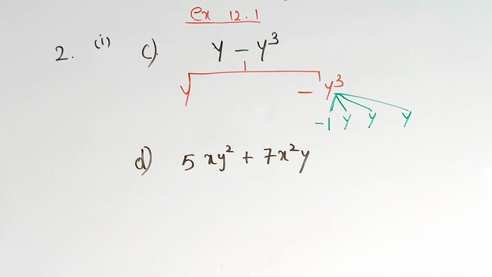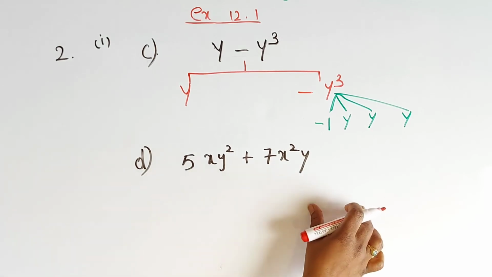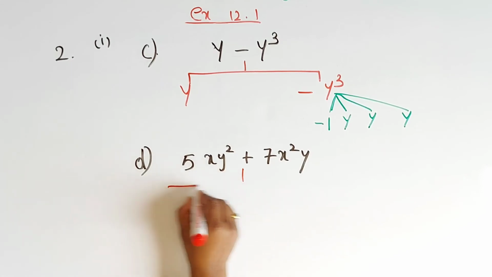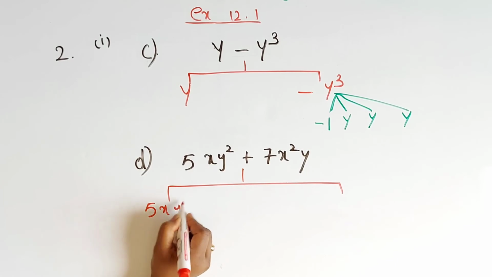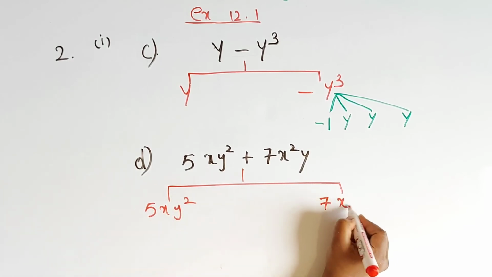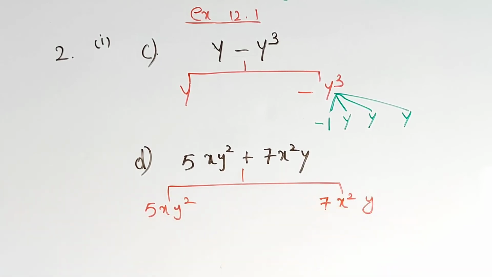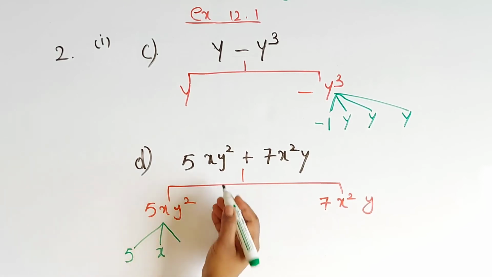Correct? Now question D, 5xy square plus 7x square y. Here we have 2 terms, so separate into 2 parts. 5xy square is one part, 7x square y is another part. Now this one we can factorize: 5 and the next one is x and next one is y, y square here.